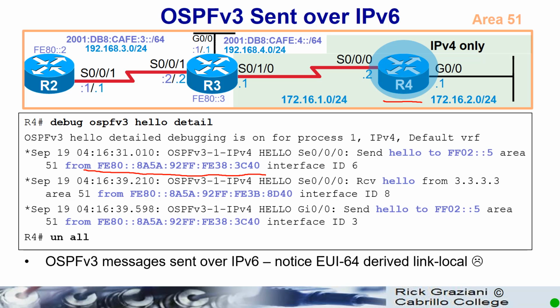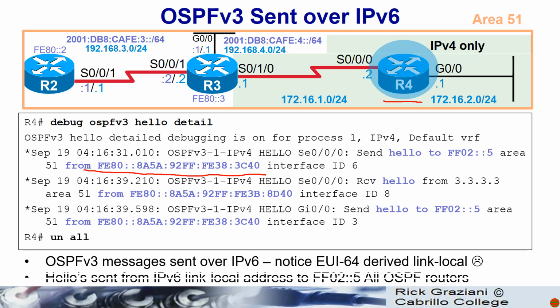OSPFv3 messages are sent over IPv6. So if you want to use OSPFv3, IPv6 has to be enabled. Even if you're just using link local addresses, that's okay. FF02::5 is the multicast address for the OSPF routers.